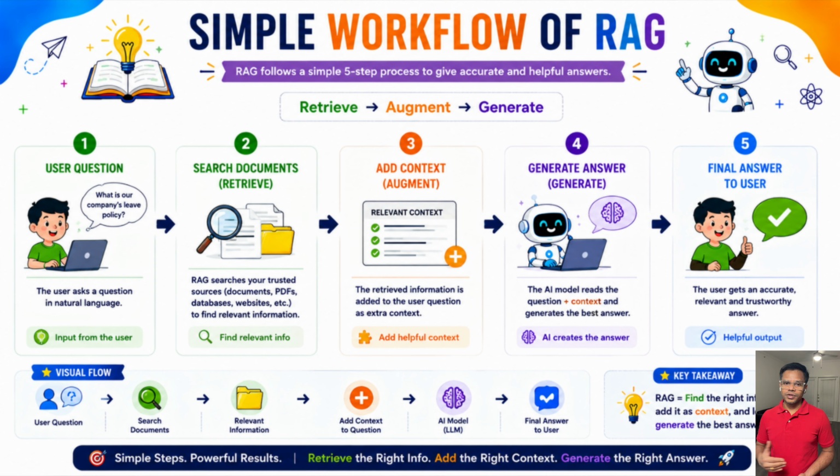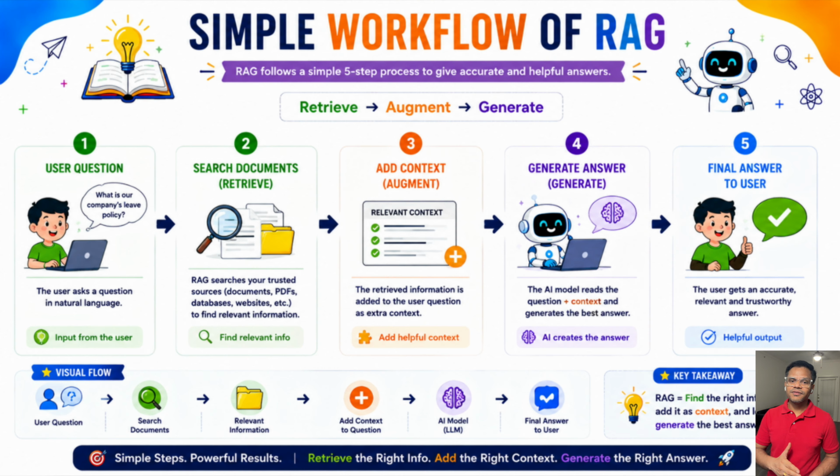Finally, the large language model reads both the question and the retrieved context to generate the final answer. So the complete workflow is user question, retrieved information, then add context and generate the response, delivering accurate answers. Simple and effective, right?